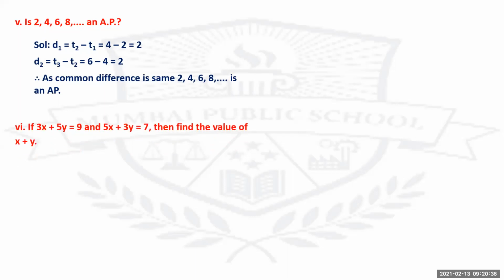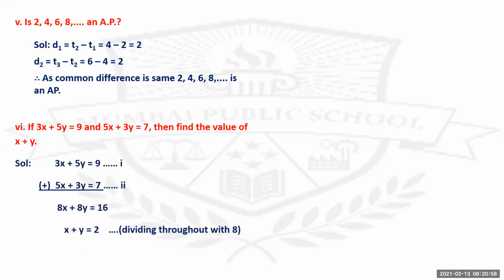If 3x plus 5y equals 9 and 5x plus 3y equals 7, then find the value of x plus y. Check, you don't have to find the values of x and y. You have to find the value of x plus y. So first add the two equations.